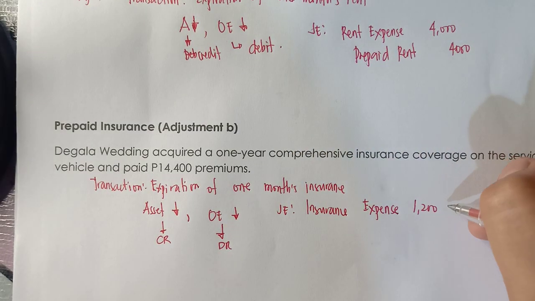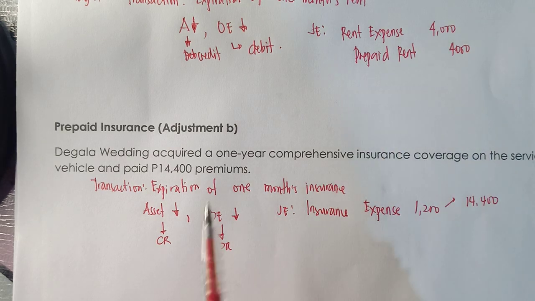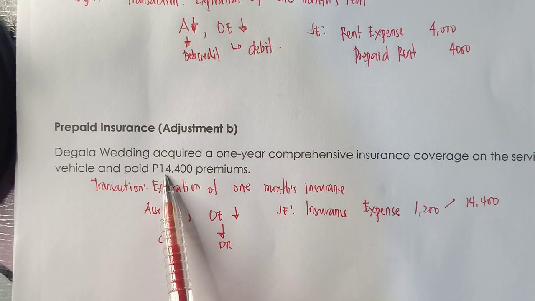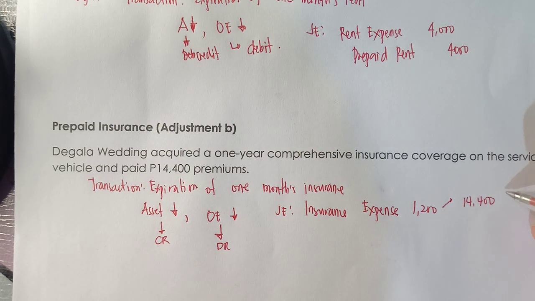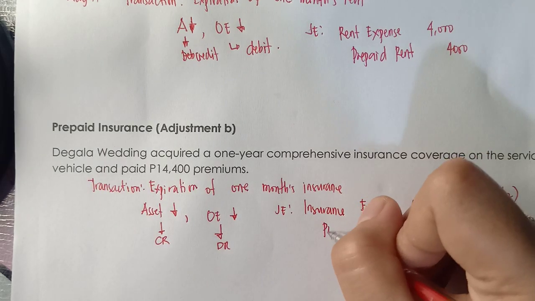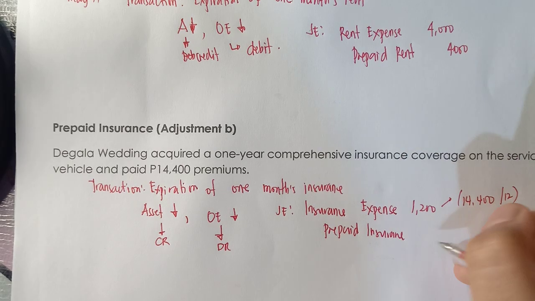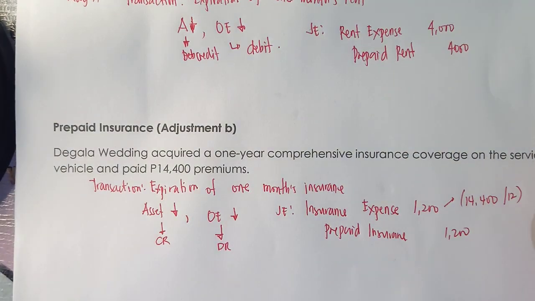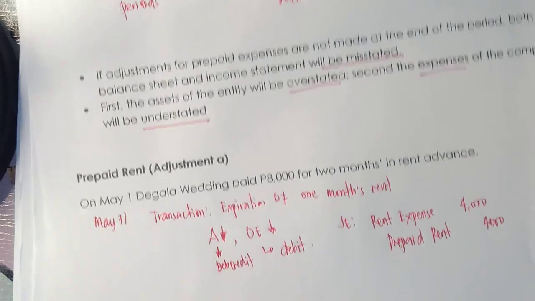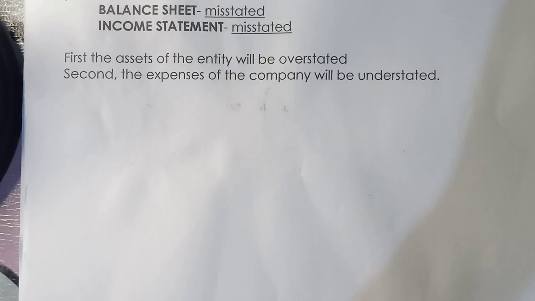How did we get 1,200? It is the 14,400 premium for 1 year divided by 12. So, we get 1,200, and credit what? Prepaid insurance of 1,200. Okay? So, next. These are the adjustments for deferral.